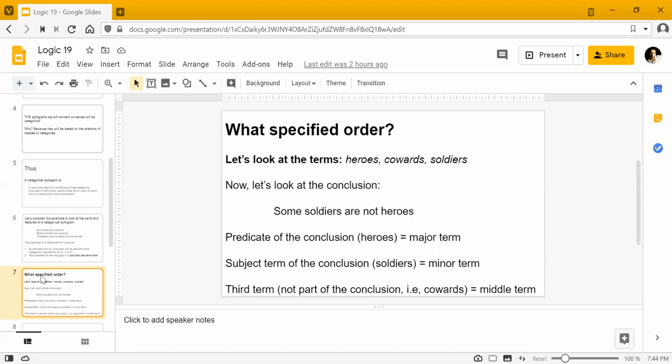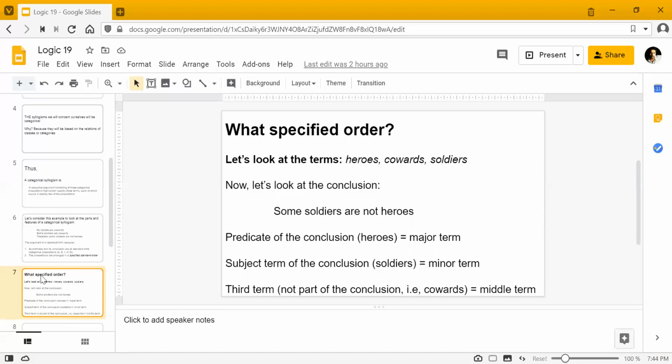Heroes is the predicate term in this conclusion, since it comes after soldiers, and we talked about this. What is the predicate, and which is the subject term? Here the predicate term is heroes and the subject term is soldiers.